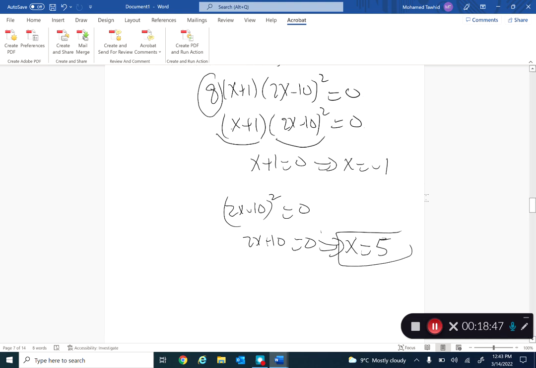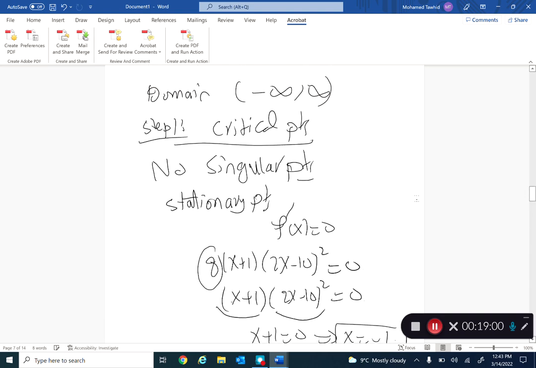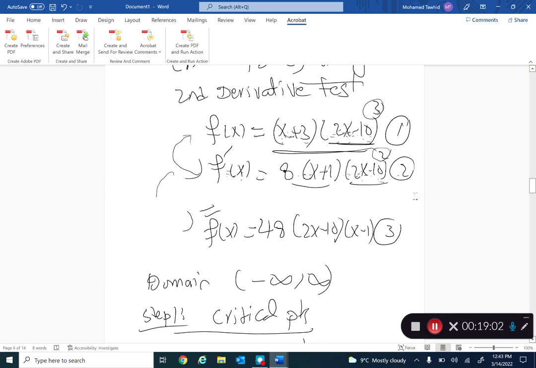So now, what do you have here? You have x equals negative 1 and 5. Are those two numbers inside the domain? Yes. So I have to get f at negative 1, right? f is in equation 1. Here is equation 1, just replace x by negative 1.